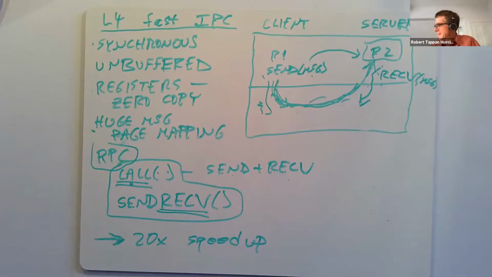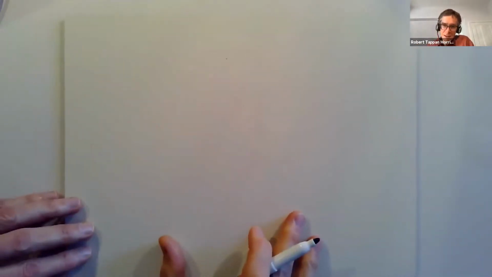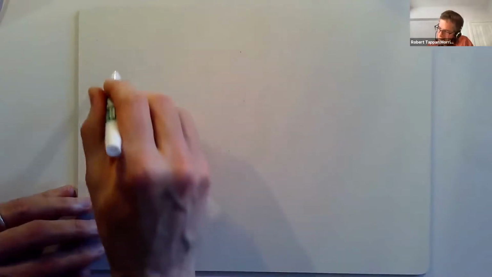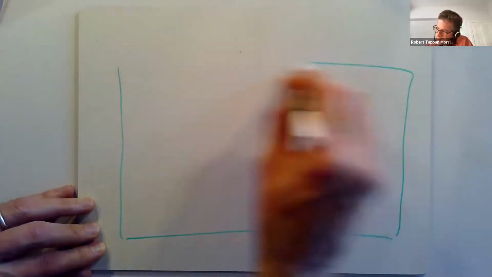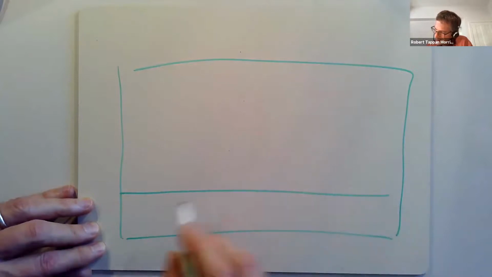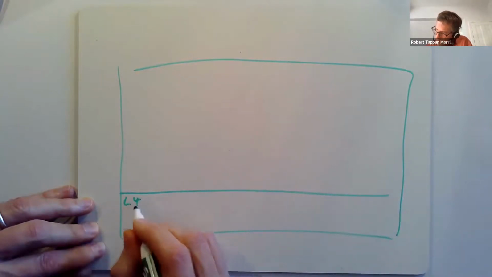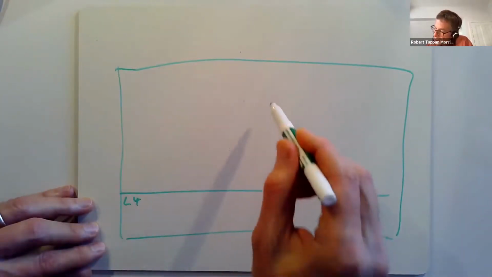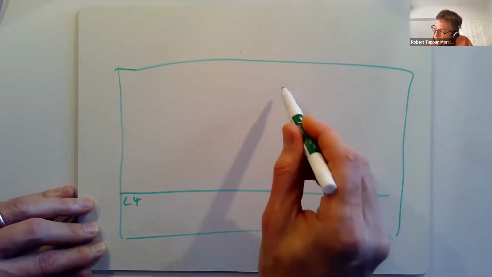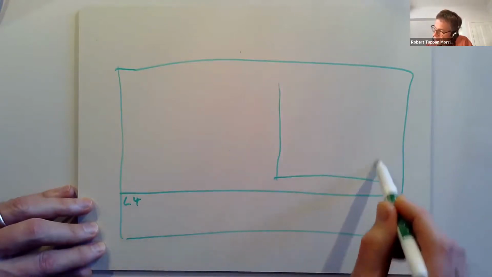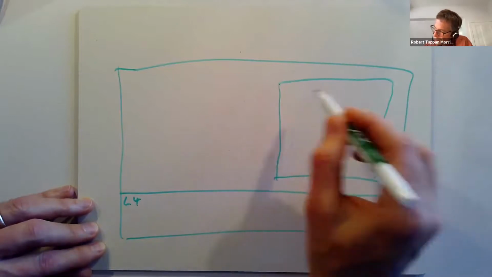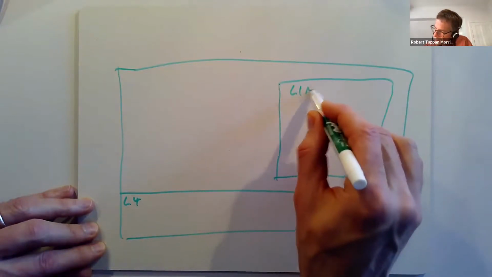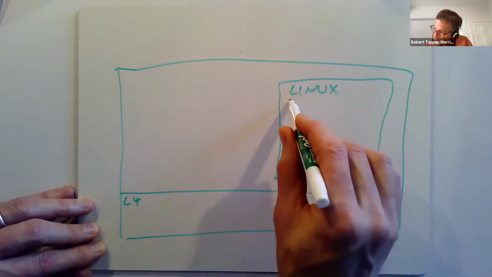That's exactly what today's paper is about. It has the L4 microkernel down at the bottom, but also, as a pretty big server, they run a pretty full Linux kernel as a user level process.